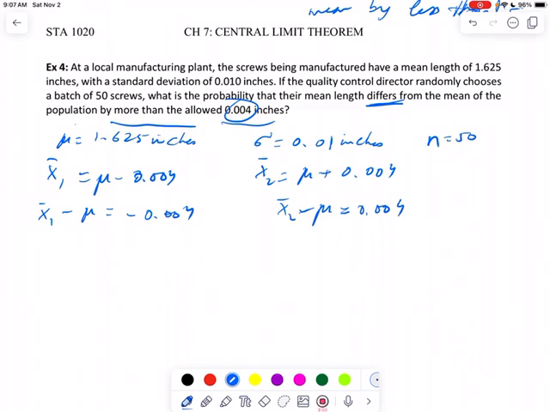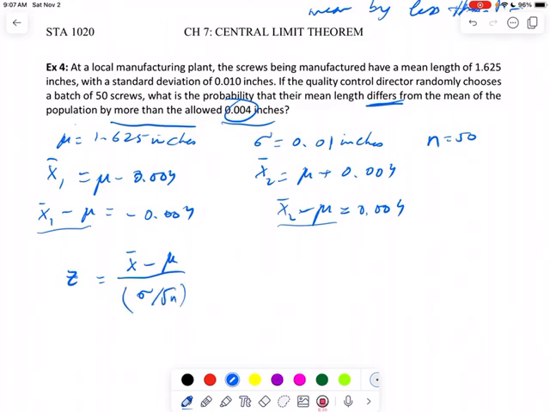So now notice, this is the quantity that comes in our formula in the numerator, because remember z is x bar minus mu over sigma divided by square root of n. So x bar minus mu.